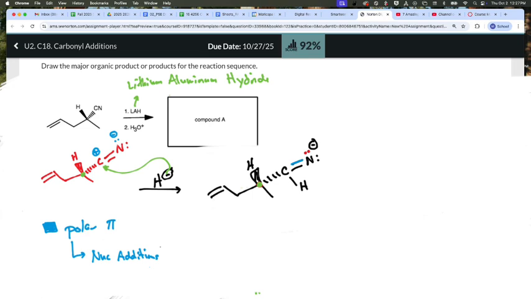We're extremely negative right now, so that negative nitrogen is actually more stable than where we started. So we don't have to stress about that one. Why should we stress about the polar pi bond? Lithium aluminum hydride supplies H minus, a very active hydride nucleophile, which means it could react again.